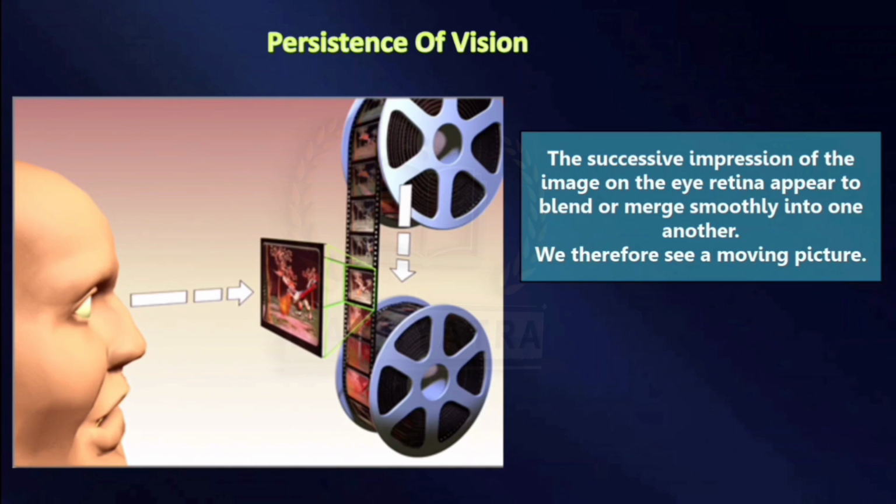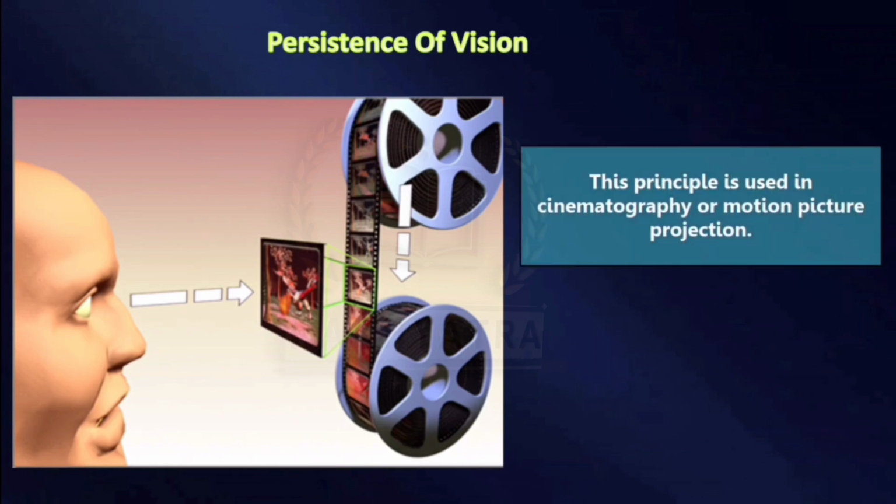We therefore see a moving picture. Now one after another, the impressions of the still images on the eye retina appear to blend or merge smoothly into one another, and this is how we can see a moving picture. This principle is used in cinematography or motion picture projection.